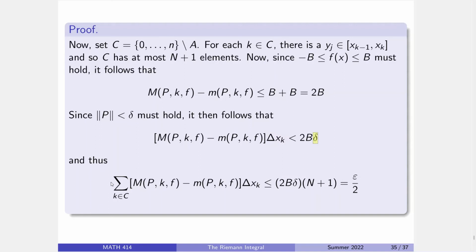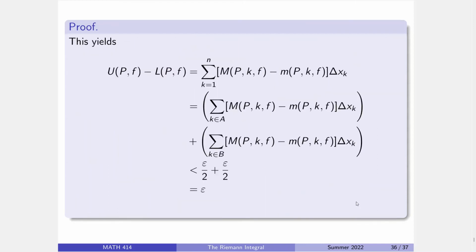If we add up all of the terms whose index lives in the set C, each one of these does not exceed 2b times delta, and there are at most n plus 1 of them. We chose delta so that this would be equal to epsilon over 2.